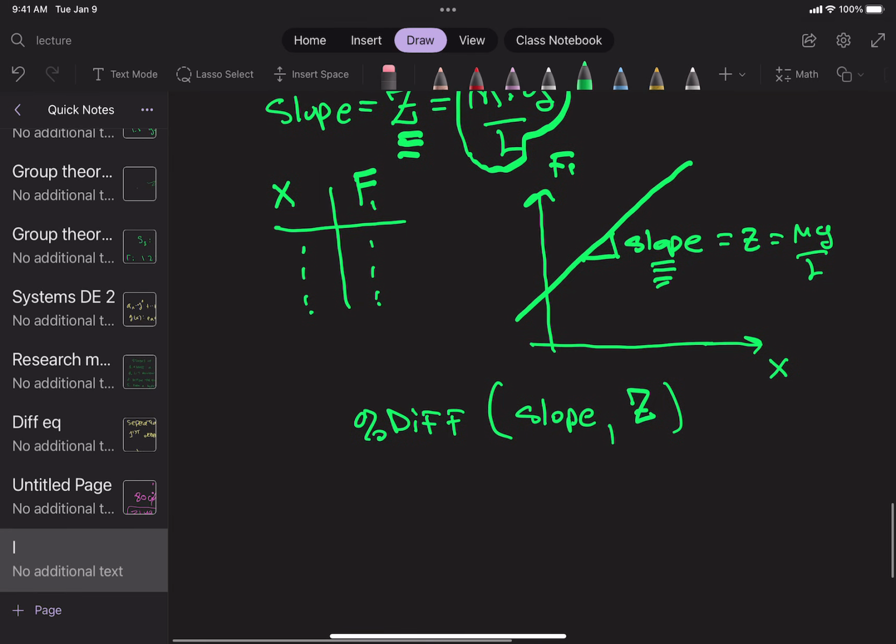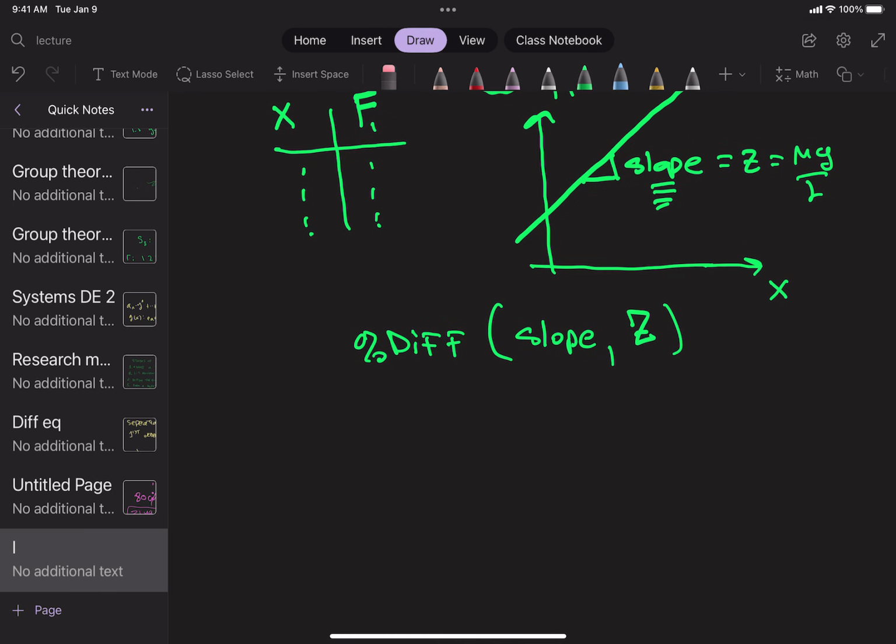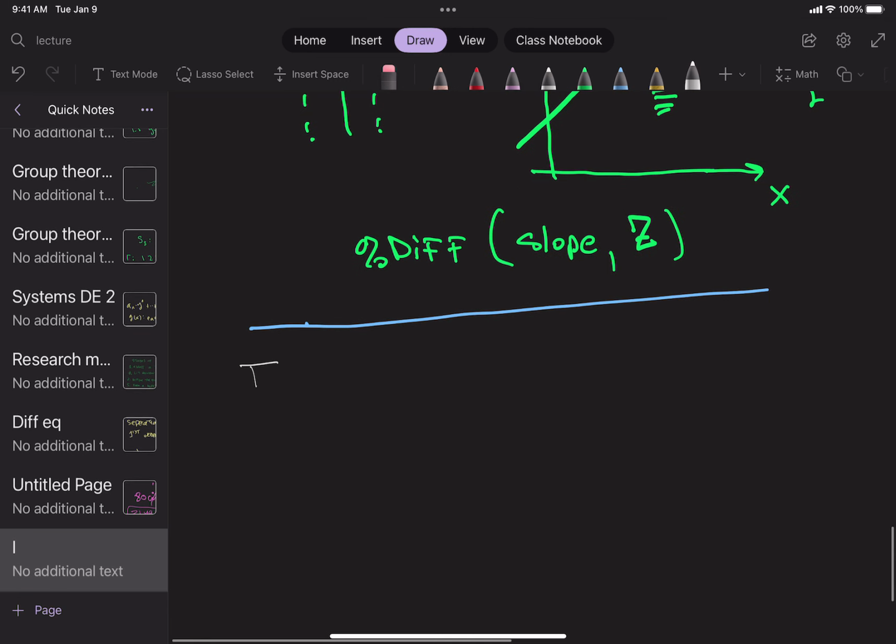So part 2 is going to be similar. For part 2, you're going to keep the distance constant, so constant x, and you're going to vary the mass.